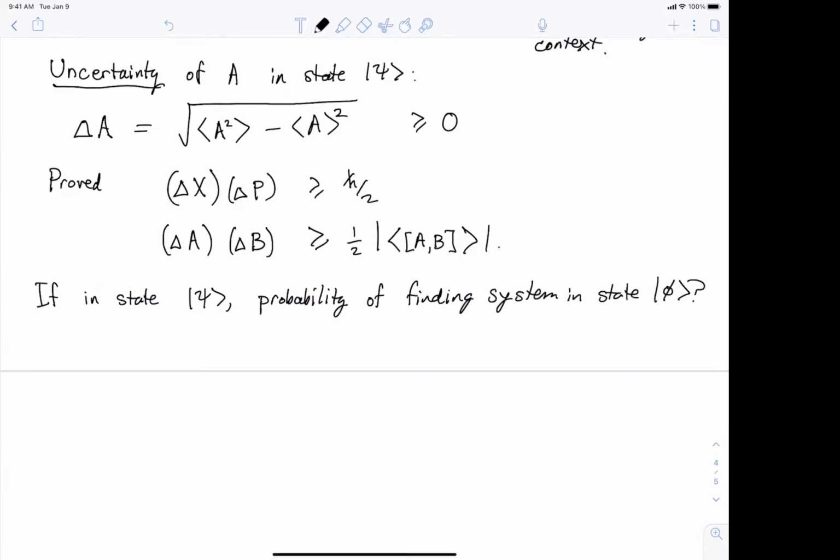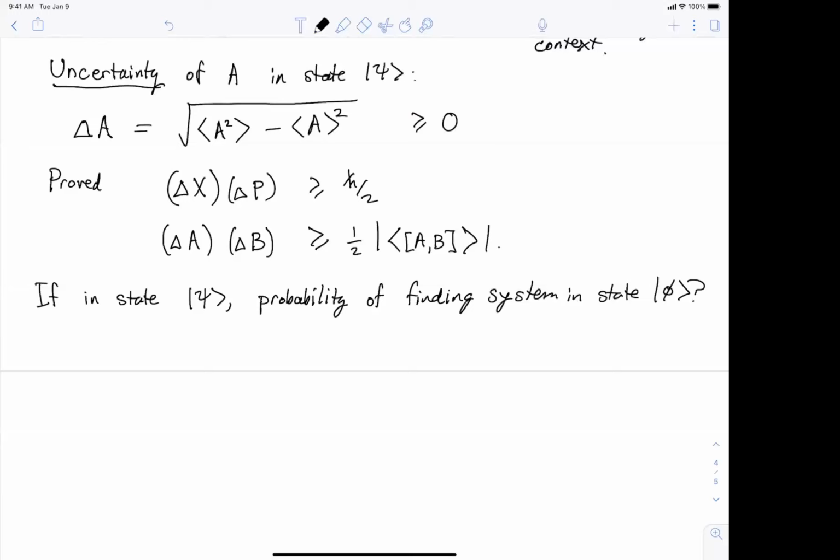I'm sorry, Professor, I don't mean to interrupt you again. That second statement right under the delta X, delta P, where you wrote delta A, delta B is larger than or equal to that, does that mean that h bar over 2 is equivalent to that, or is that something independent of the above statement?